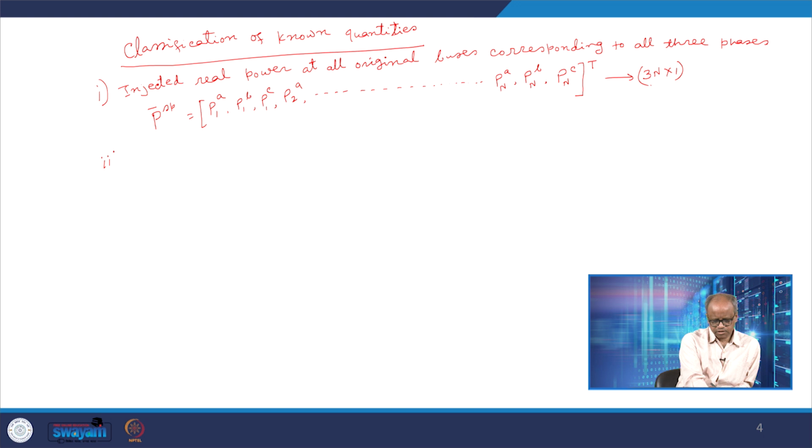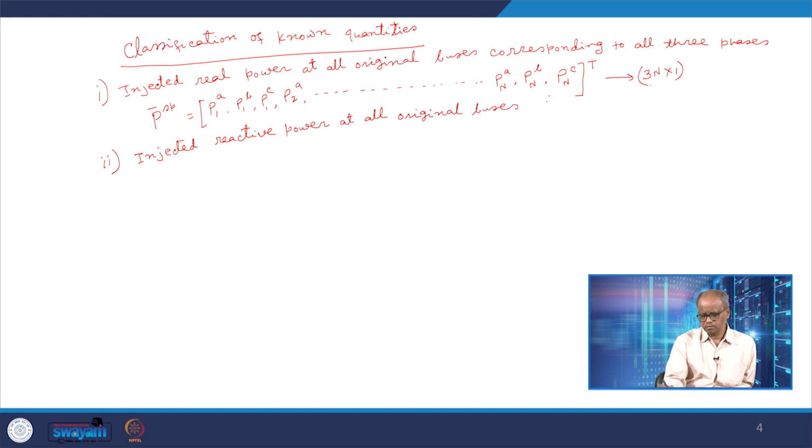Then the next classification is injected reactive power at all original buses corresponding to all three phases.